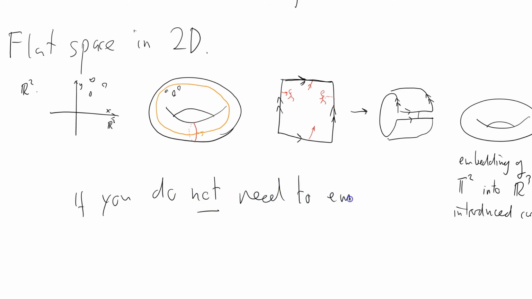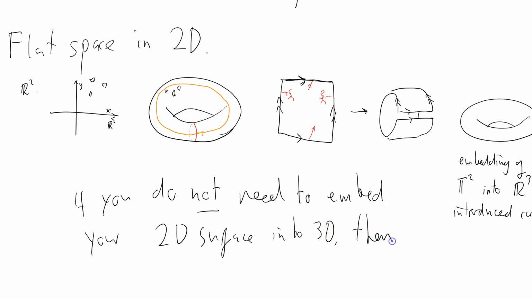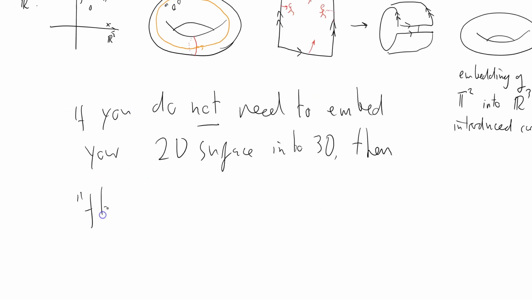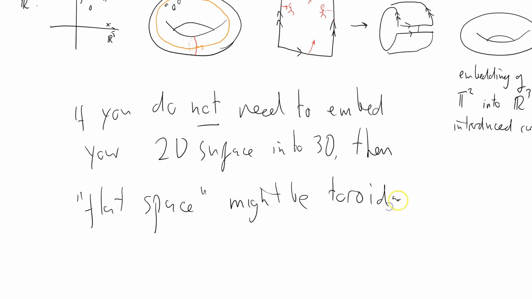So what I'm trying to say is that if you do not need to embed your 2D surface into 3D, then flat space might be toroidal or just the plane.